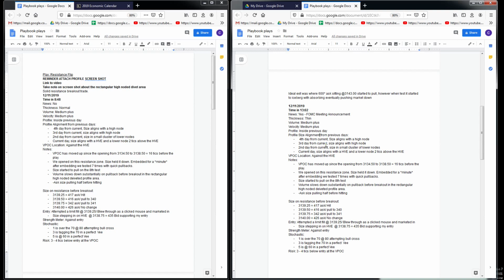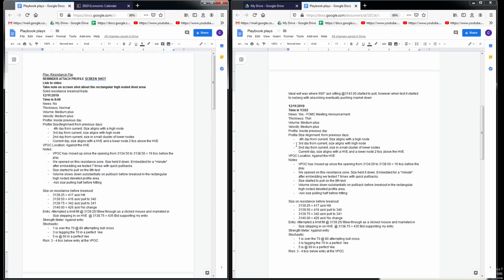And it's probably good to figure out how long the size has been there. So what I'll do is profile size alignment from previous days.